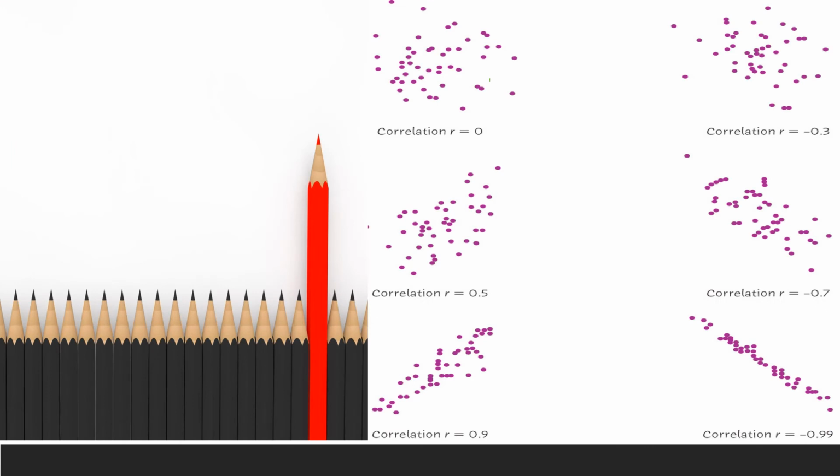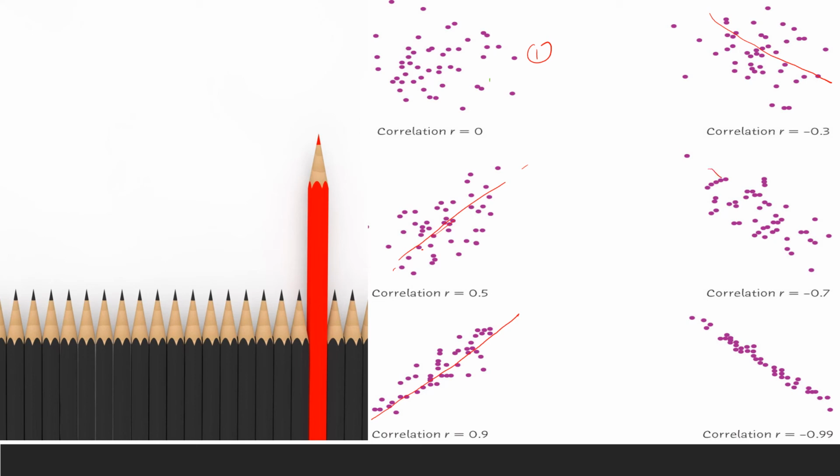In these diagrams, we have various coefficients. The coefficient is 0 if the values are all scattered all over. It looks like this has got some positive linear relationship, and here in this case the points are very close to the line, and here it has a negative linear relation.